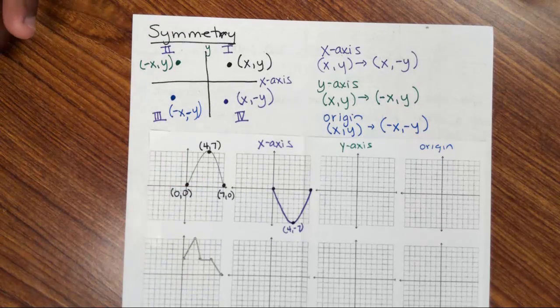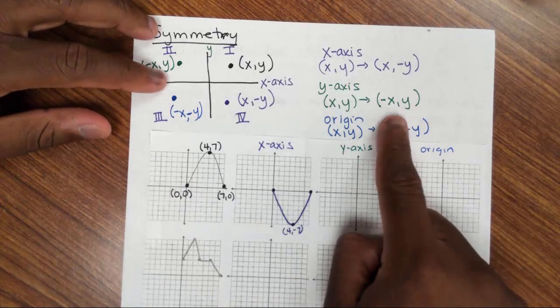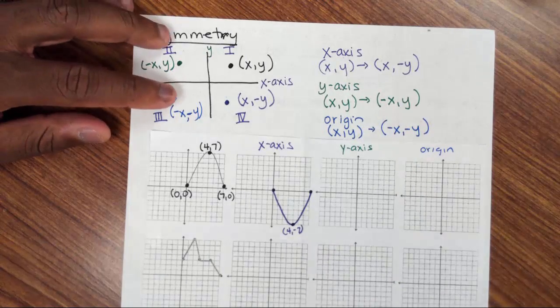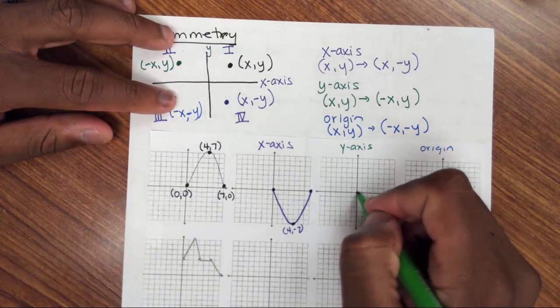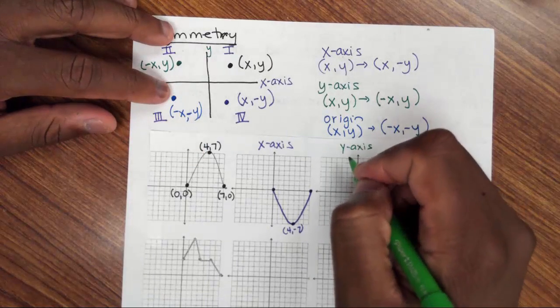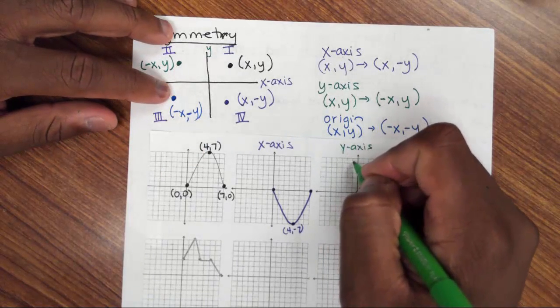Yes. So that's good. In y-axis symmetry, what happens? Who changes signs now? X values change their signs. So 0, 0 stays the same. 4, 7 now becomes what? Negative 4, 7.